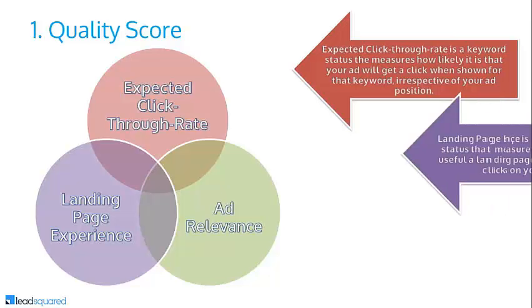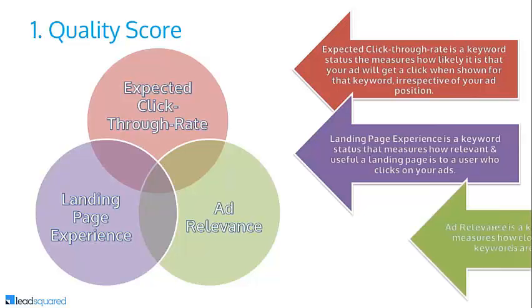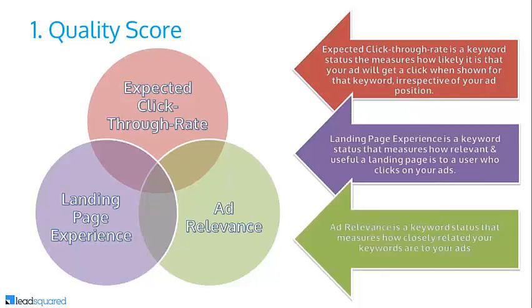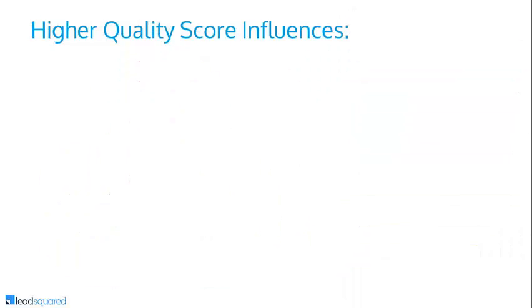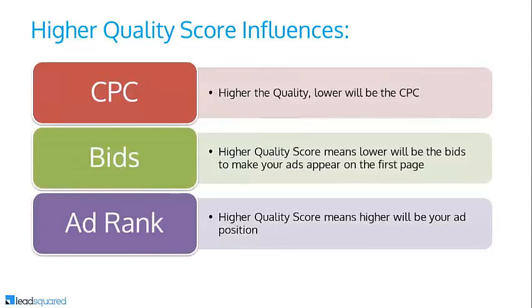The next is landing page experience, which is again a keyword status that measures how relevant and useful a landing page is to a user who clicks on your ad. The third one is ad relevance, which is a keyword status that measures how closely related your keywords are to your ads. Okay, a higher quality score influences your CPC, the bids, and the ad rank.